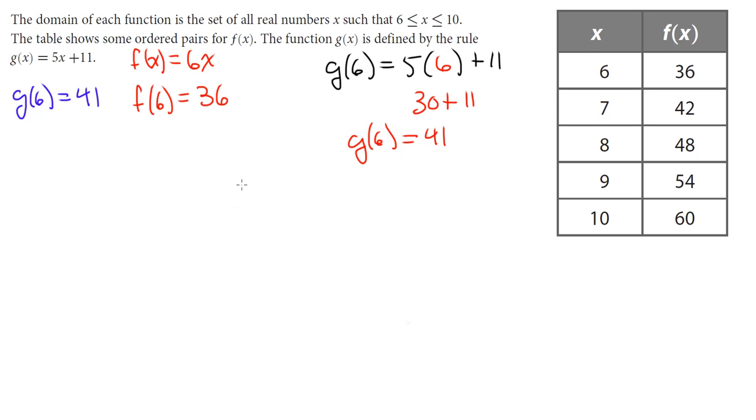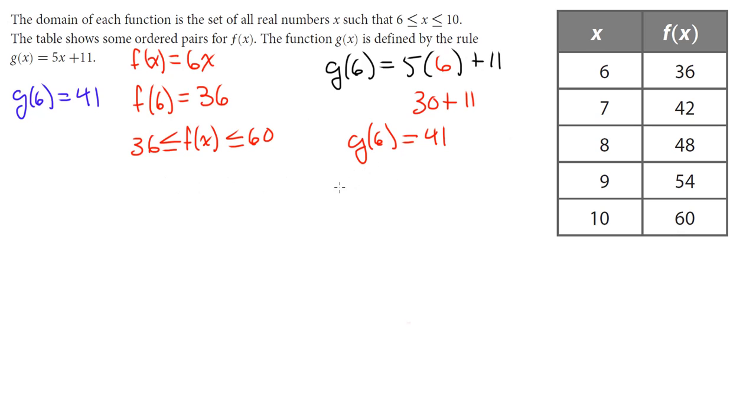Now let's compare the domain and range. So the domain is the same for both of them. So the range, we already know for f of x, is going to be all real numbers such that f of x is greater than or equal to 36 and less than or equal to 60. We already know our initial value for g of x, so now we need to find the highest value for g of x.